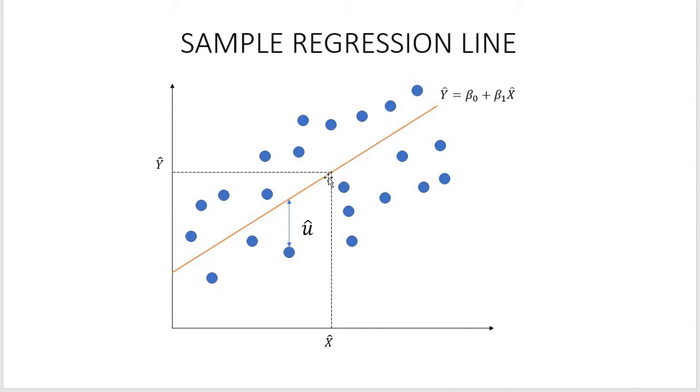However, the actual value of y corresponding to this value of x is here, is greater. So the difference between actual and predicted value of y is captured by the stochastic error term or disturbance term.